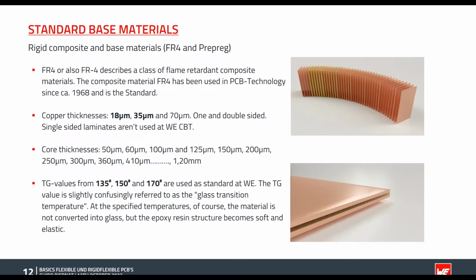The core thickness varies from 50, 60, 100 and so on, up to 1200 microns. Our standard TG values are the same as for the prepreg, as you can see.